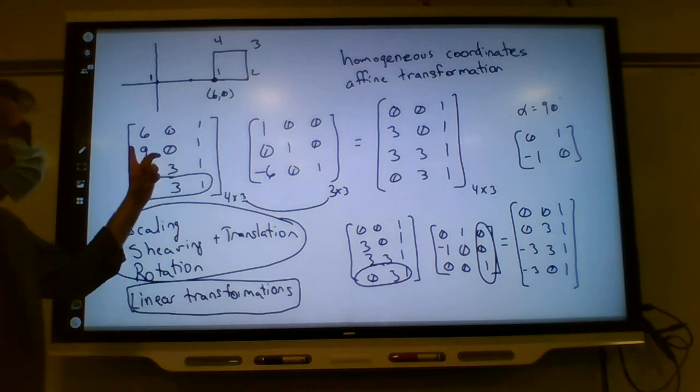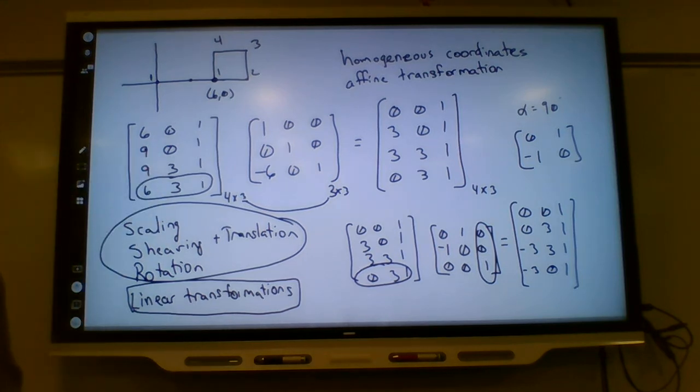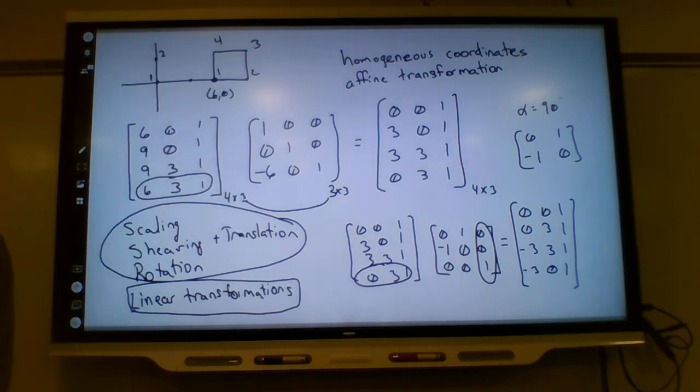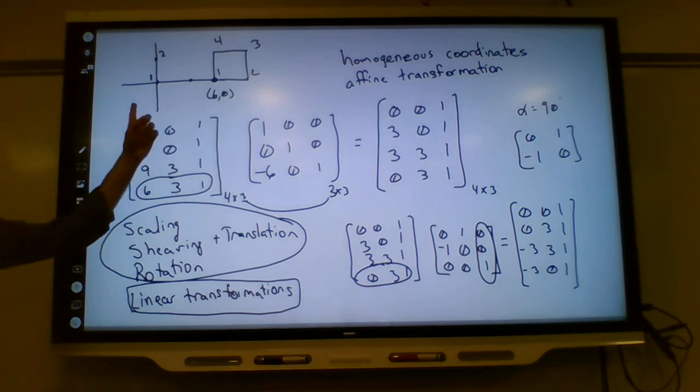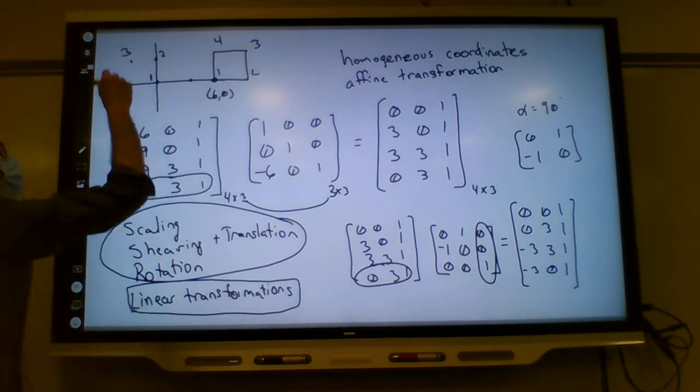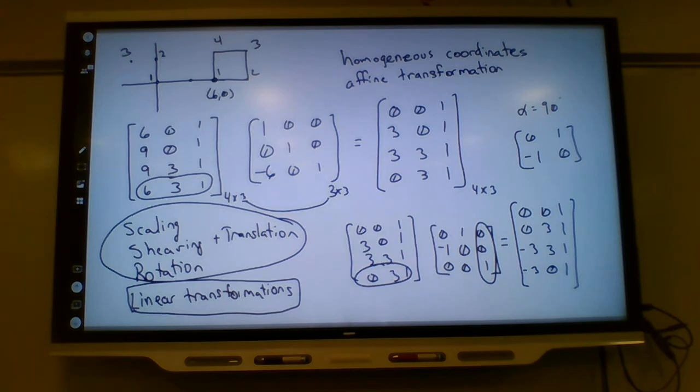Point 2, which was 9, 0, is at 0, 3. Well, where is 0, 3? 0, 3 is up here. So point 2 is up there now. Point 3 was 9, 3, and it's now -3, 3. So point 3 is here. And point 4 is now at -3, 0. So point 4 is here.